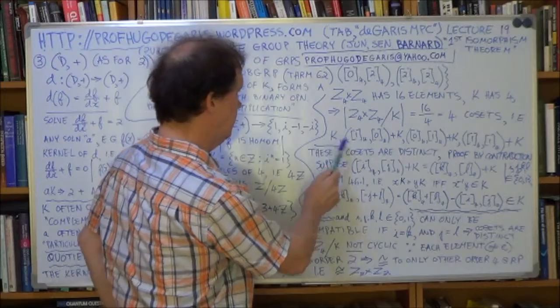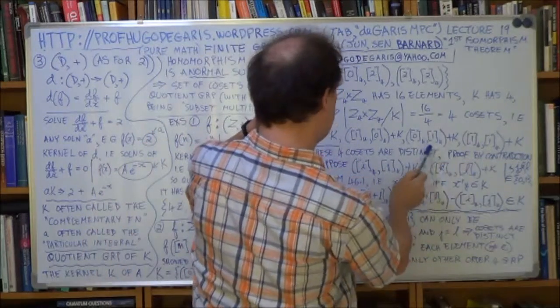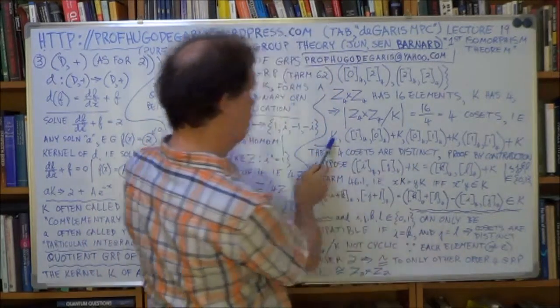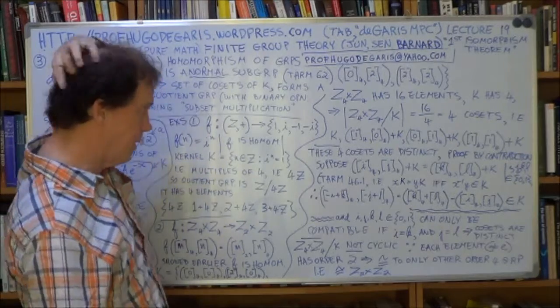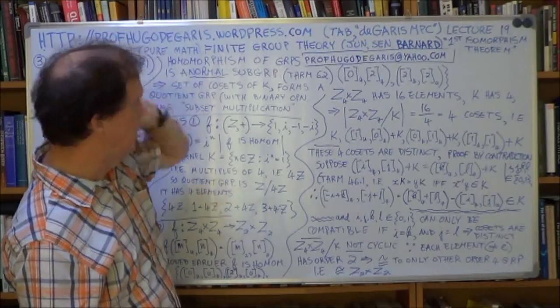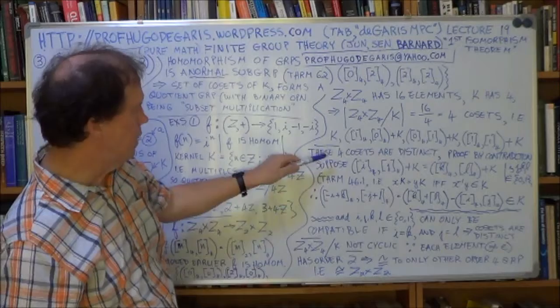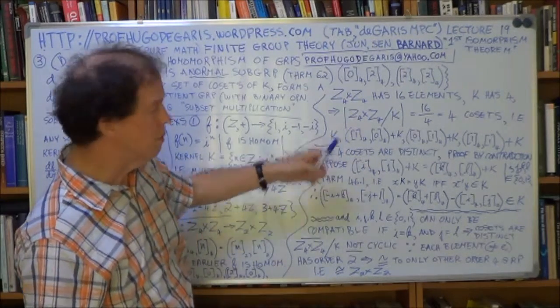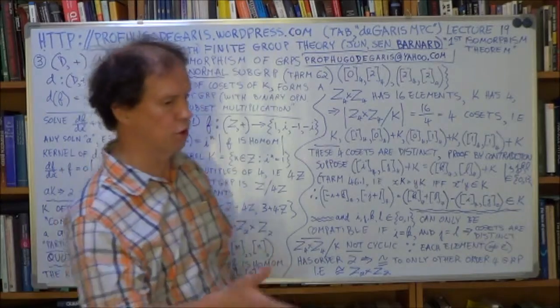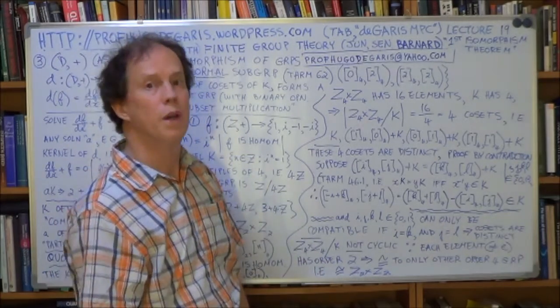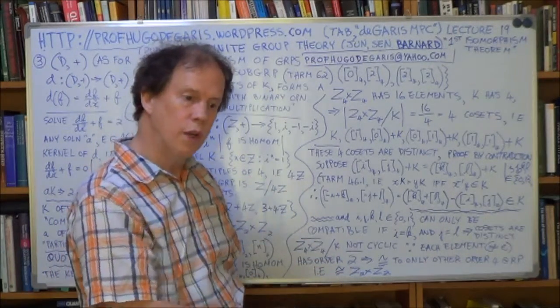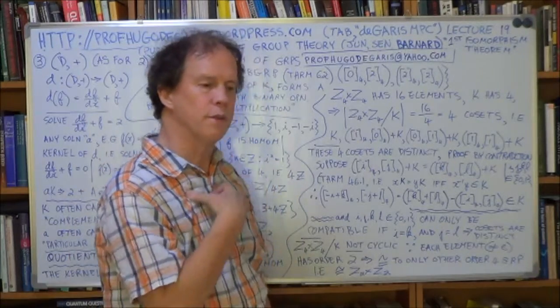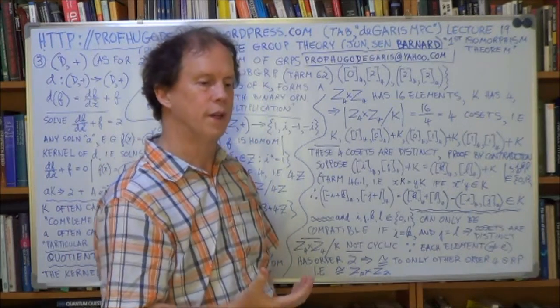Okay, now these 1, 2, 3, 4 cosets, they're distinct. We can prove that by contradiction. So the usual proof by contradiction. You assume something to be true that really you think is false, but you're trying to prove that it's false.